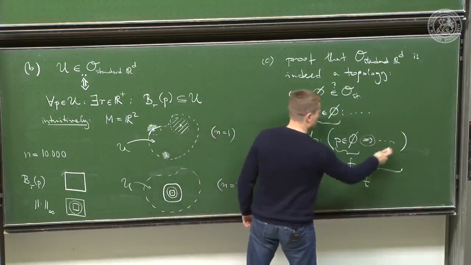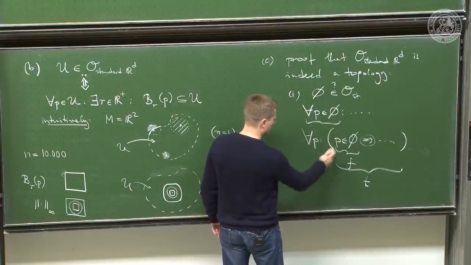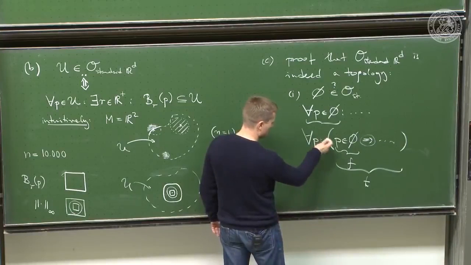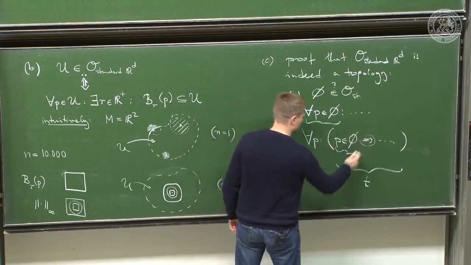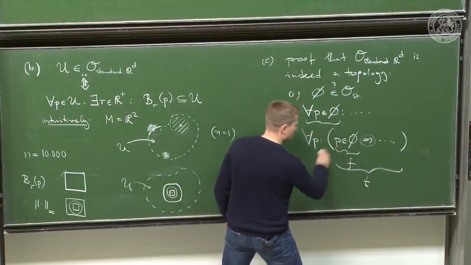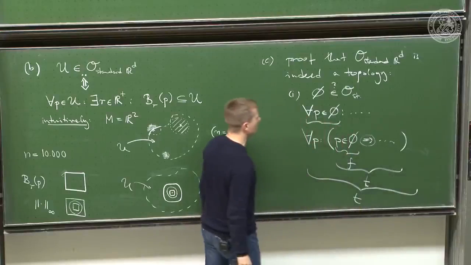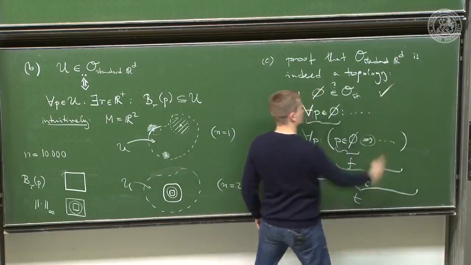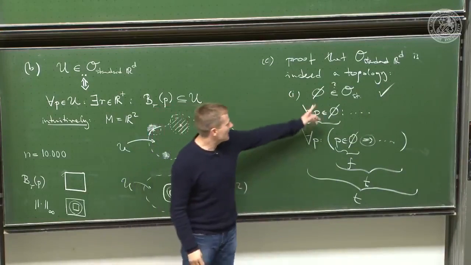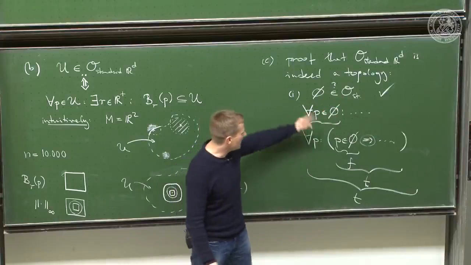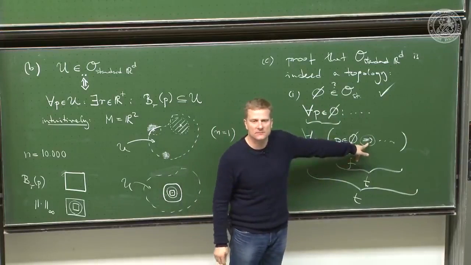And because this is a predicate in P, the all quantor, the whole proposition, is true. That means, yes, it's in there. So the empty set is in the standard topology, ultimately because of the definition of the implication arrow.